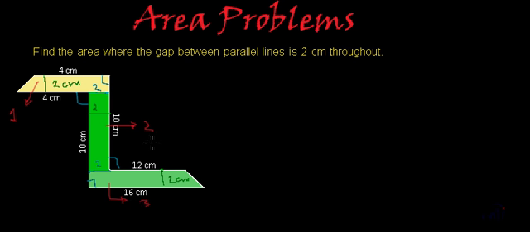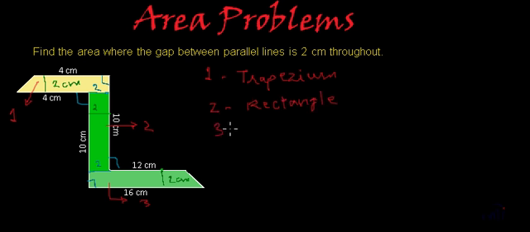So part 1 is a trapezium, right? And part 2 is a rectangle. And what about part 3?